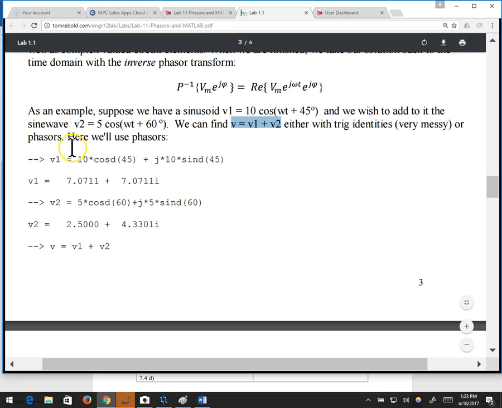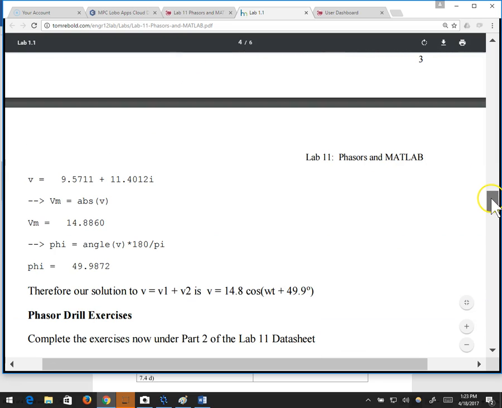You just take the phasor of the first one. This is v1. I probably should use capital V1 to indicate that it's a phasor. But here, this is a complex number with the magnitude and the phase angle of the v1 sine wave. And then v2 is the same thing with the v2 sine wave. You're doing this in the complex domain, adding those two complex numbers together to get the result.